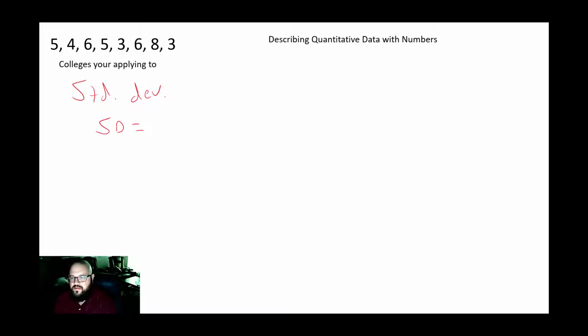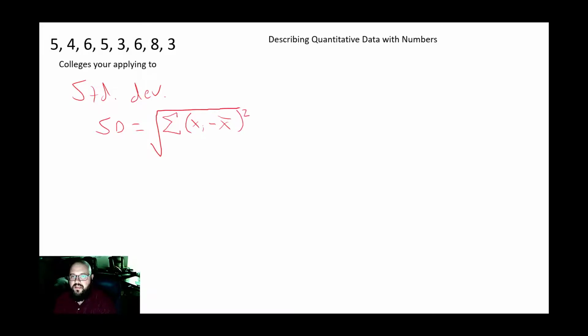So for our standard deviation, the true equation for that is going to be the square root, and sigma, which means sum, of our values, the initial value, minus the mean value, squared.